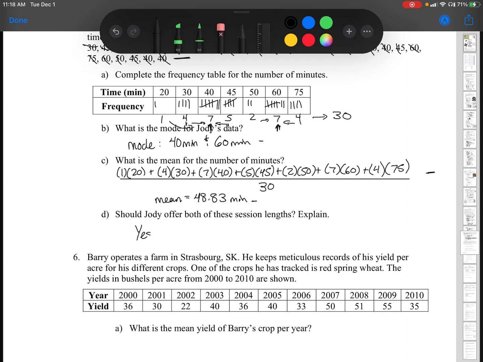So I would say yes, as most participants. I believe participants is spelled with an A, not an E.